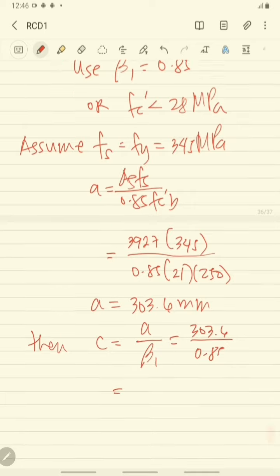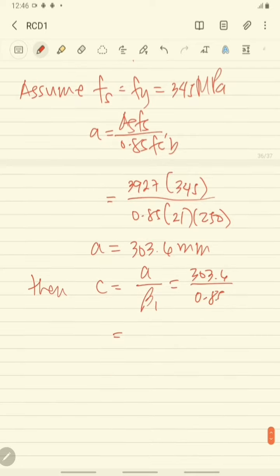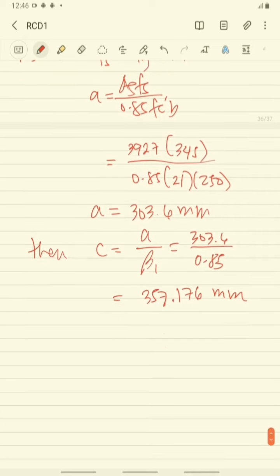So your c is 357.176 mm. And that is the location of your neutral axis from the extreme fiber of your concrete in the compression side.